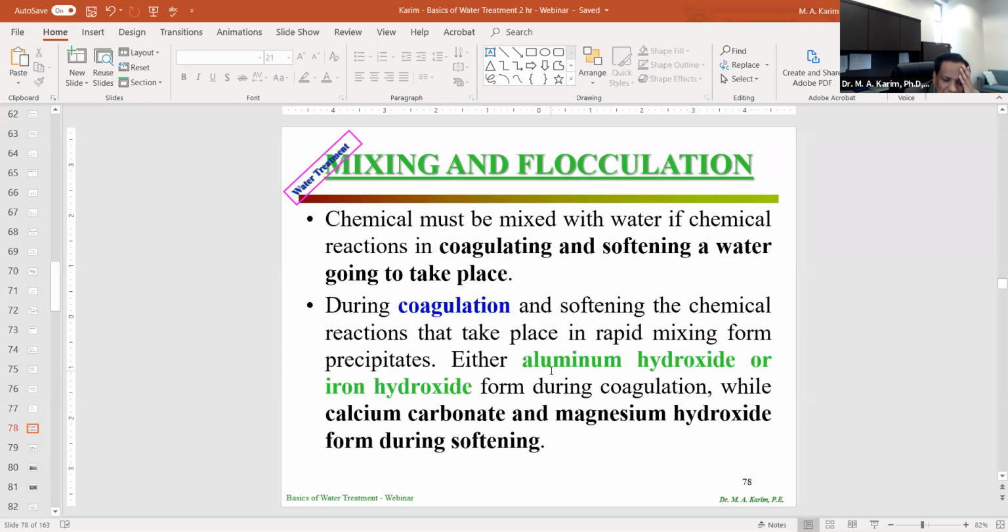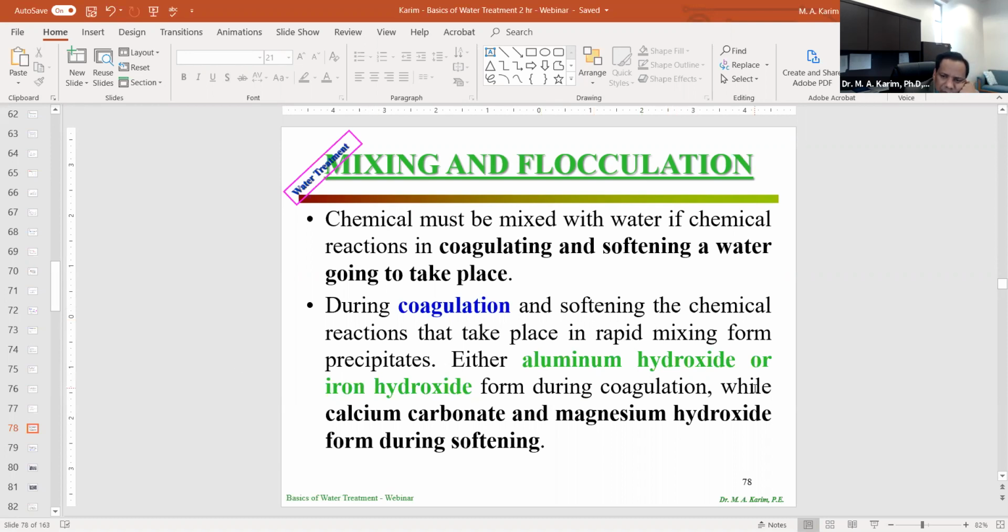Mixing and flocculation. Flocculation requires a little bit of mixing, as I mentioned before. The mixing can be done with the jar test and other setups through a paddle. During coagulation and softening, the chemical reaction that takes place in rapid mixing forms precipitates.